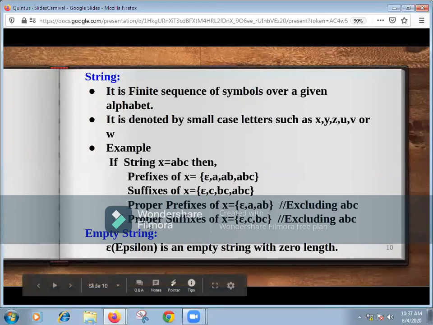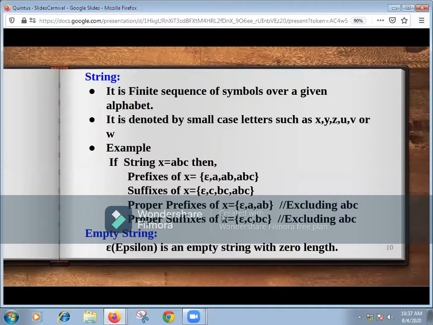It is similar for proper suffixes of x. It means you have to consider epsilon, C, BC, but you have to exclude ABC.